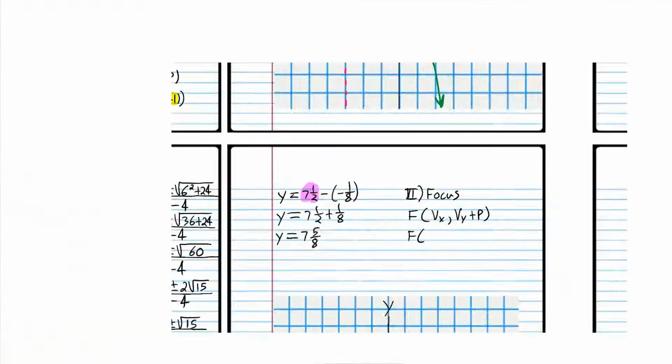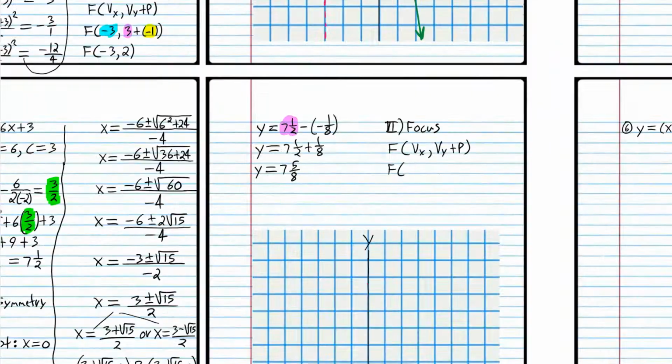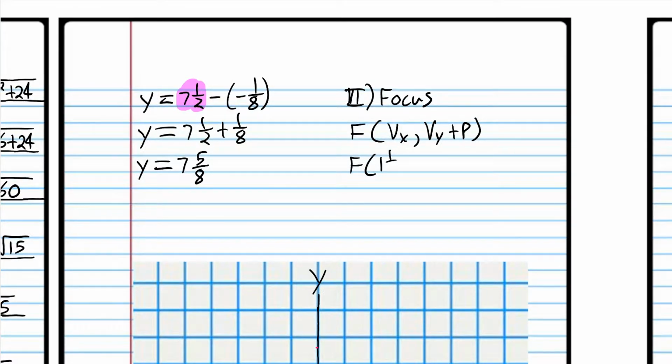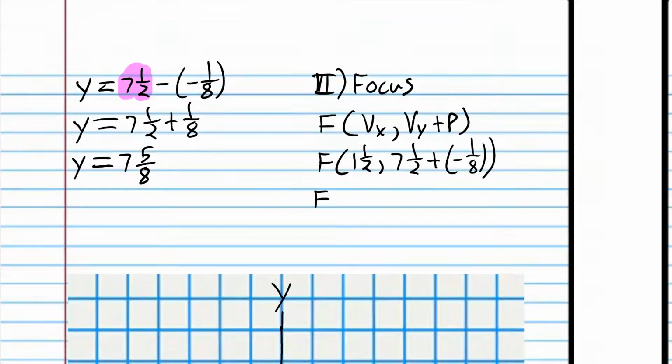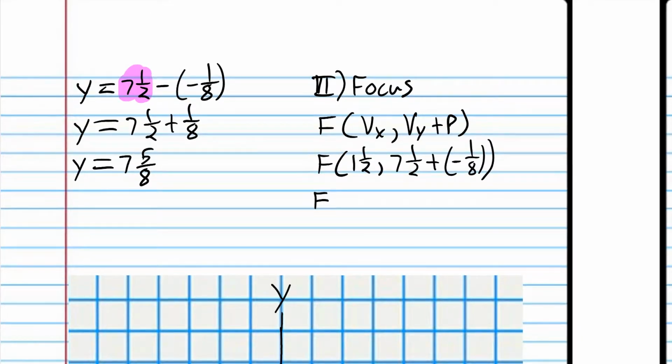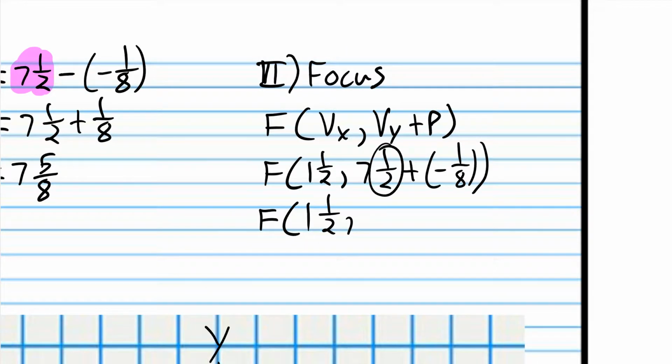And so the x value of the vertex, that's in green, 1 1/2, and the y value of the vertex is 7 1/2, and then we're going to add negative 1/8. So we end up with 1 1/2, and remember this is the same thing as 4/8, so 4/8 minus 1/8 is 3/8. So we end up with 7 3/8.